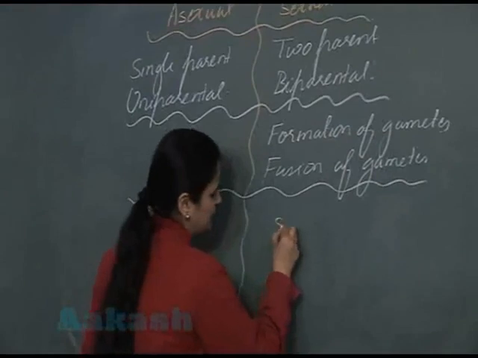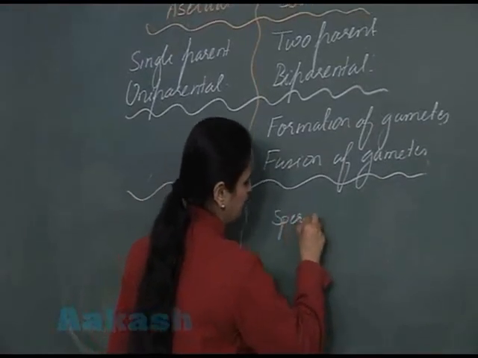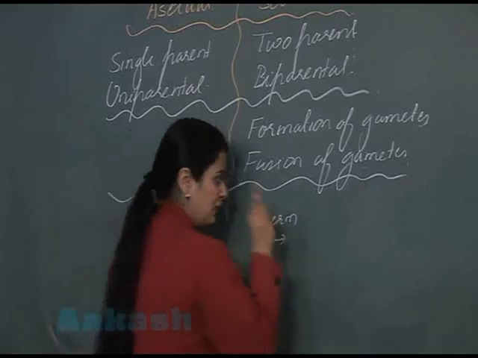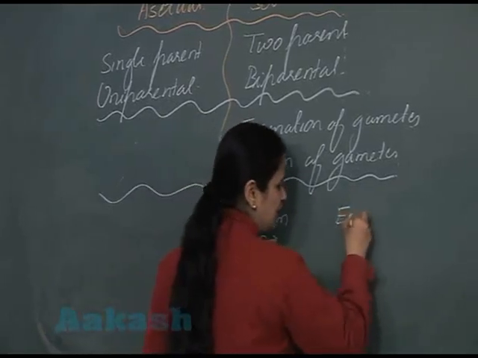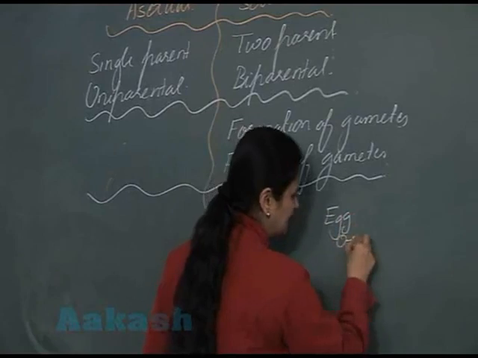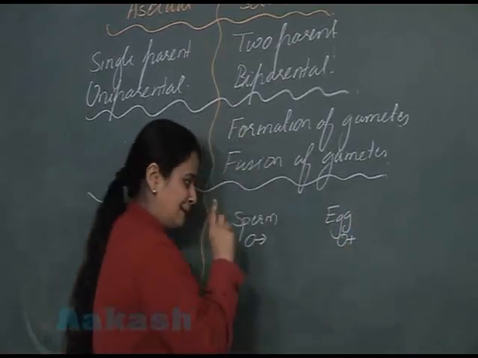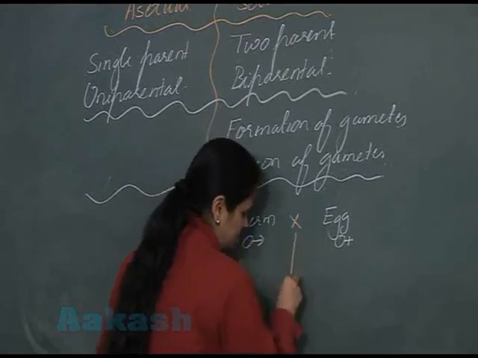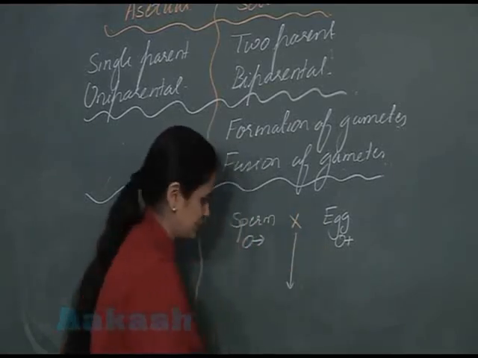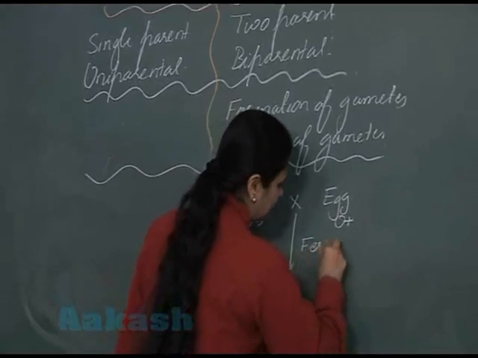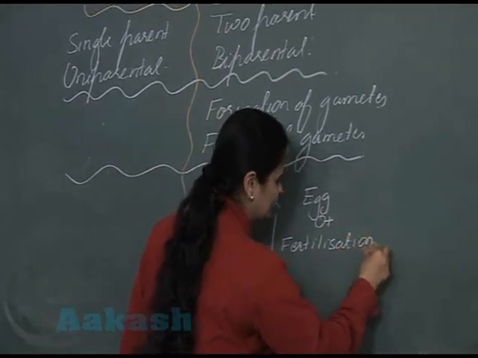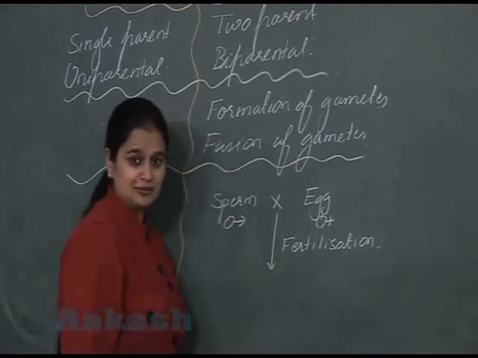The male individual results in the formation of the male gamete, that is sperm. The female individual results in the formation of the female gamete, that is egg. Male and female gametes will now fuse. You have studied in the previous classes fusion of gametes. It is known as fertilization.